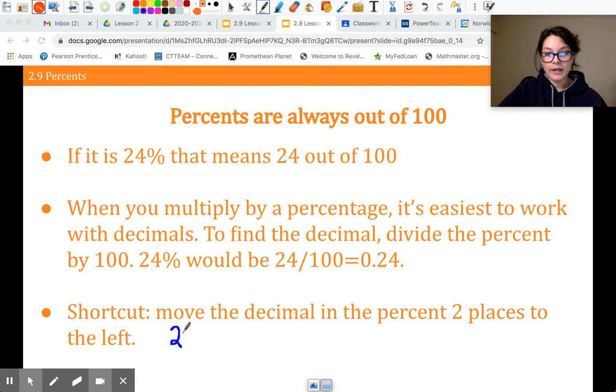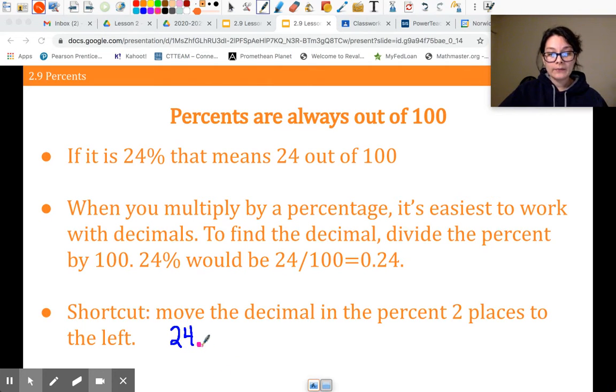A shortcut is to take the decimal in this value as an integer and move it 2 places to the left. If I look at 24%, there's really an invisible decimal because it's an integer. In every integer, there's really an understood decimal at the very end.